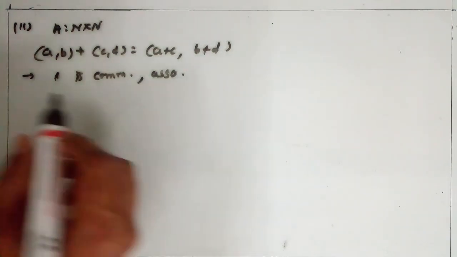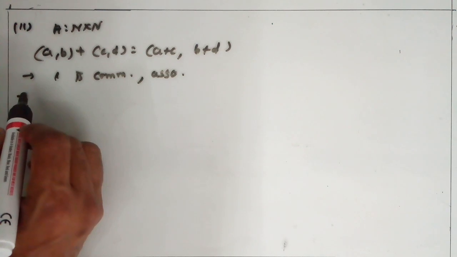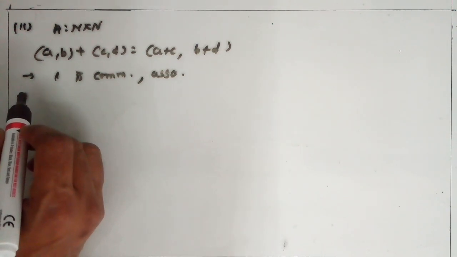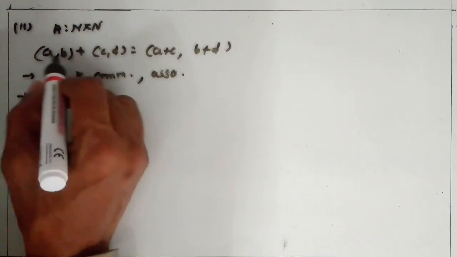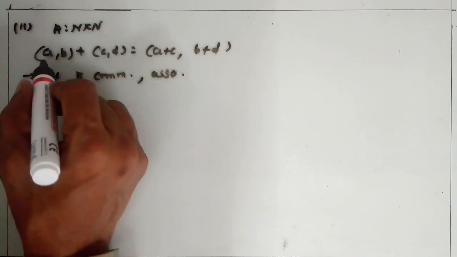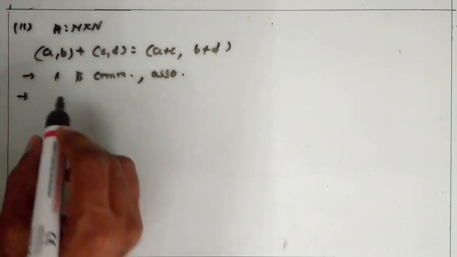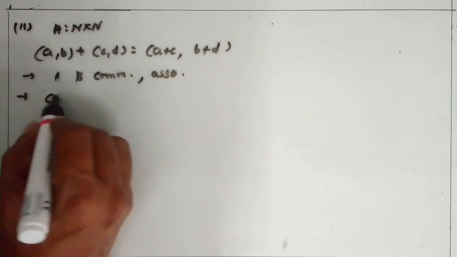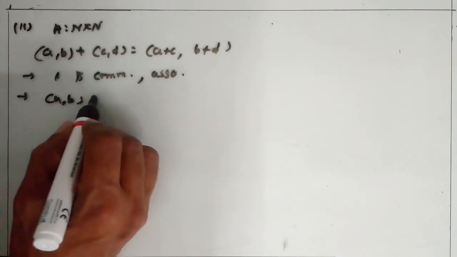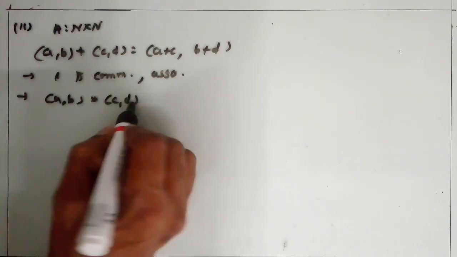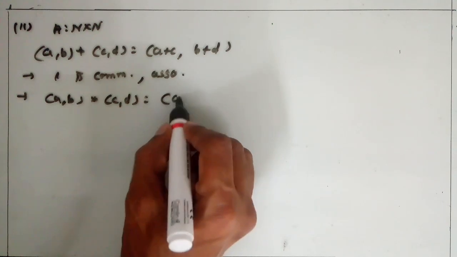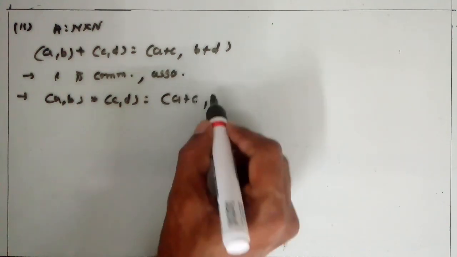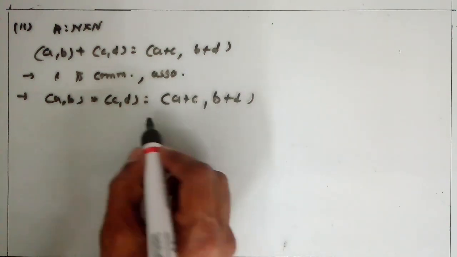Remember this here. How to prove this is commutative? For commutative, we know that (A, B) star (C, D) is equal to (C, D) star (A, B). Then we say that it is commutative. Here (A, B) star (C, D) is equal to (A plus C, B plus D).